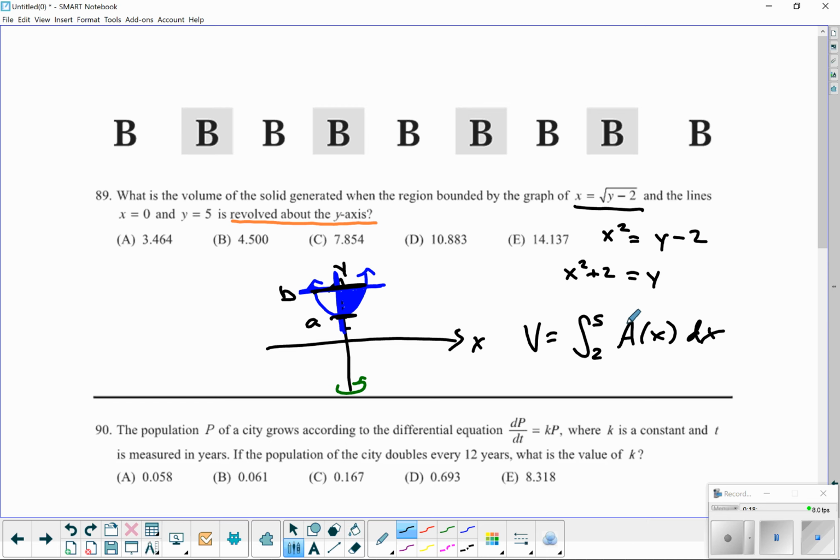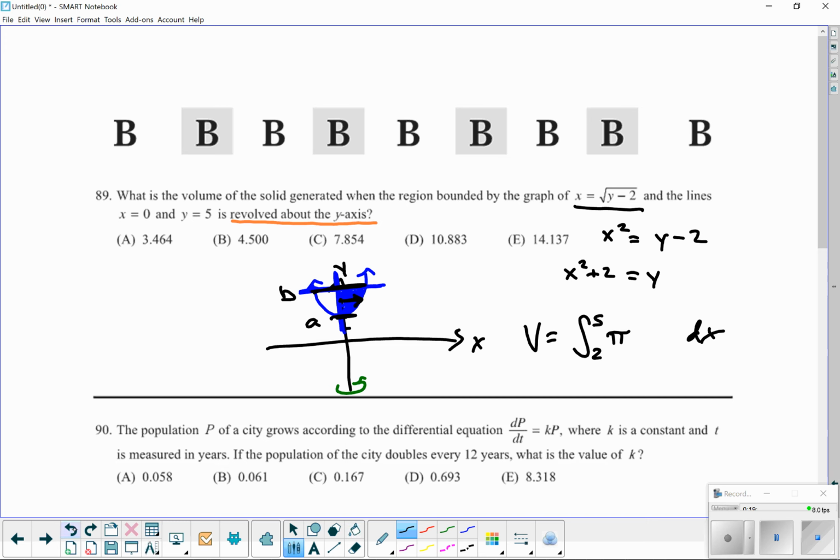The area is going to be a cylinder or a disc, so it's going to be pi times the radius, which goes from here to here.